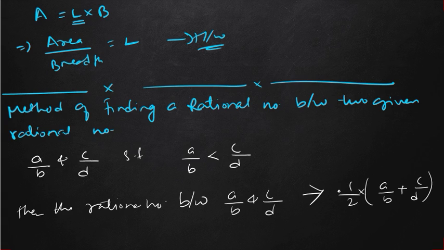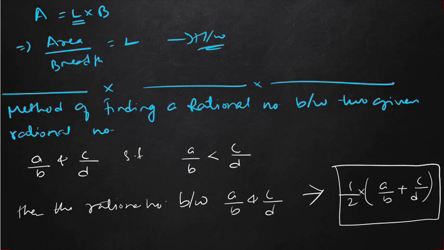Okay, so this will be the formula to find a rational number between a by b and c by d. So what you have to do is half into a by b plus c by d. Okay, so you can see example number 1 and 2. Go through it properly. You can see that on your page number 22.